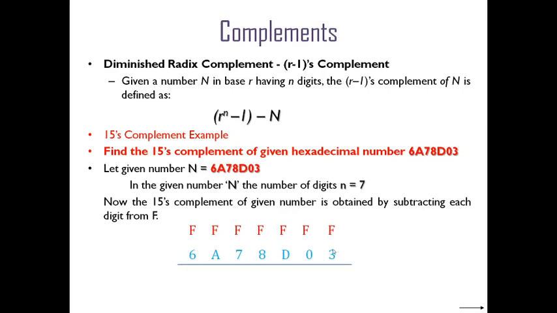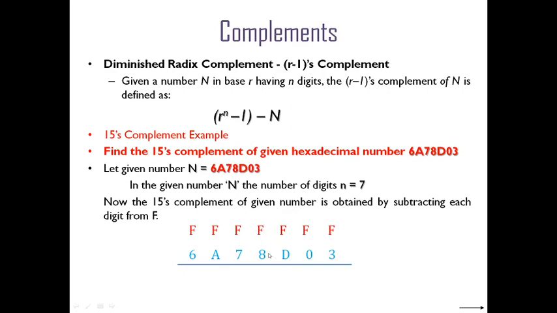F minus 3: F means 15, 15 minus 3 is 12, and 12 in the hexadecimal number system is C. Okay. At the same time, F minus 0, 15; F minus D, D in the hexadecimal number system is 13, so 15 minus 13 is 2.